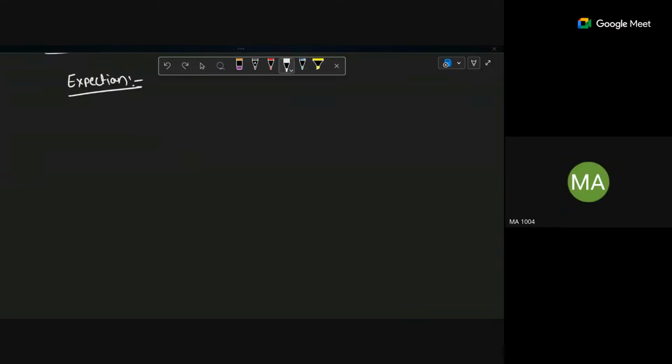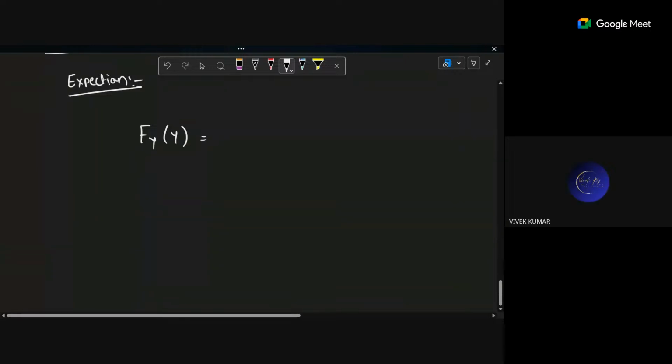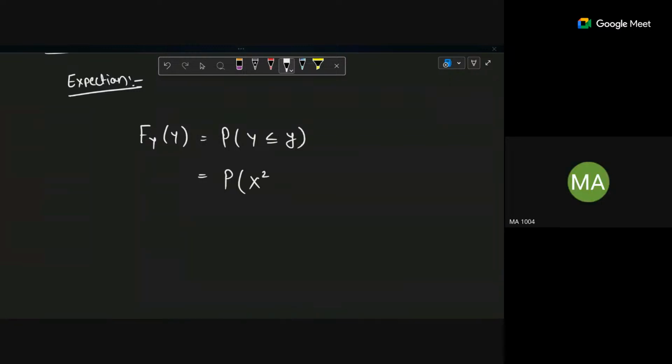So let's solve it quickly. X is a continuous random variable with PDF. The PDF of x is given to you. We are interested in F_Y of y, right? And what is the probability that Y is less than or equal to y? What is your Y here? X square, right?